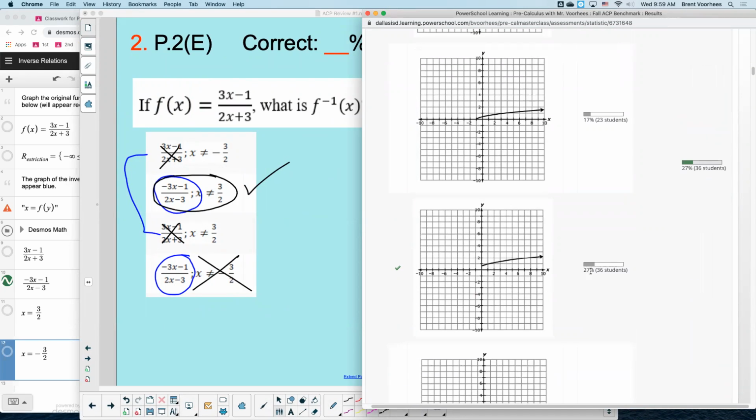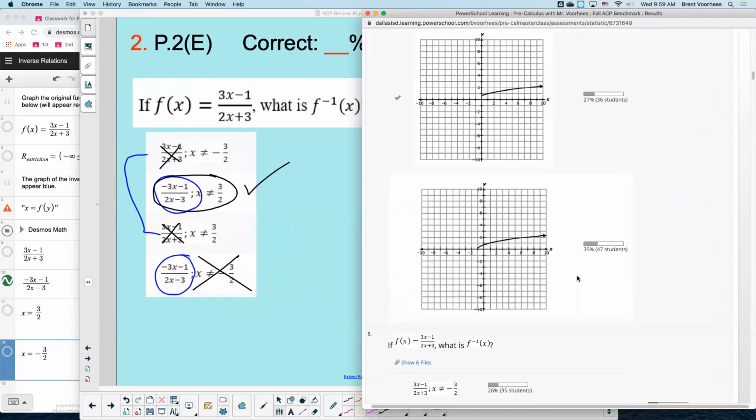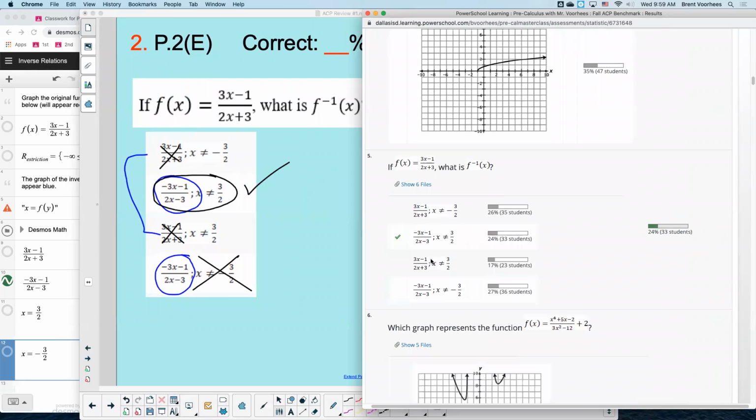If it's multiple choice, 25% would be a pure guess. And number 5, we only got correct 24% of the time. That means those two were guesses. So hopefully now we know it better than a guess. We might not be experts yet on this part, but hopefully now we're better than a guess. We at least are 50-50.